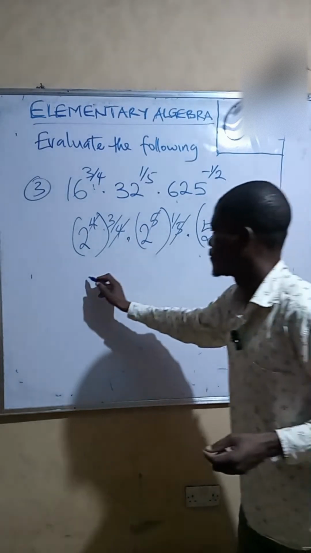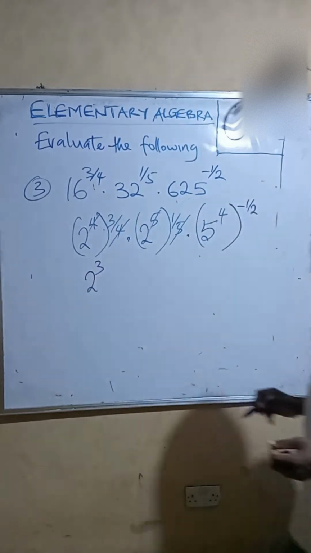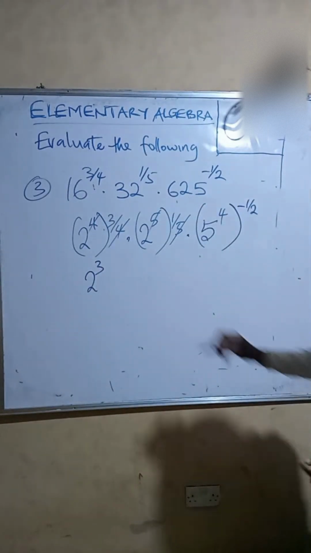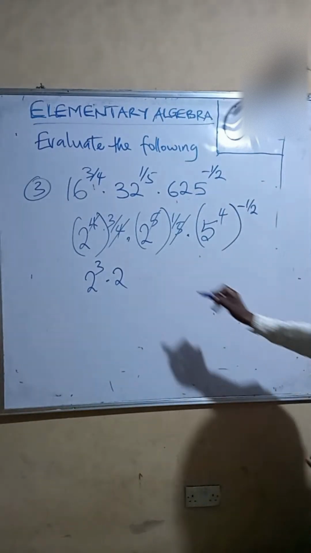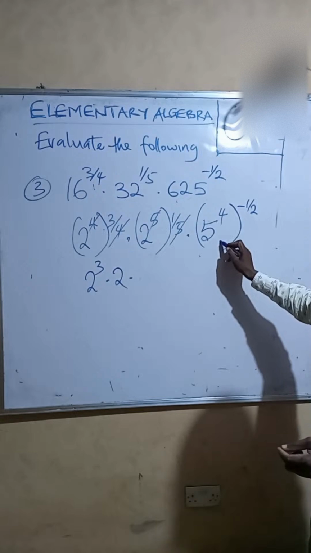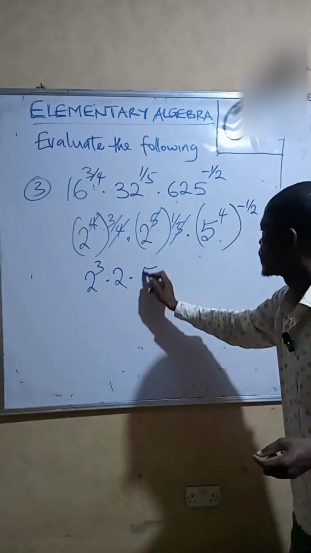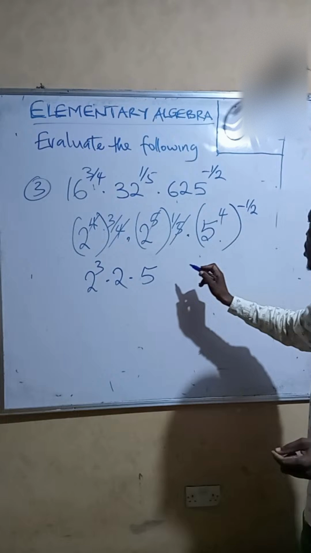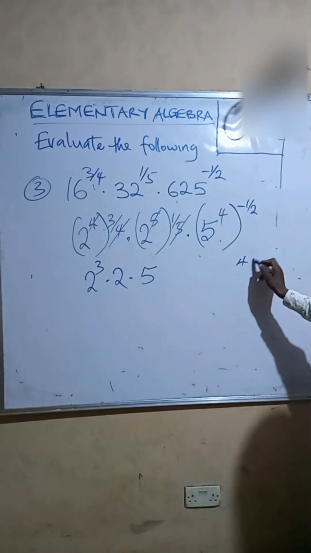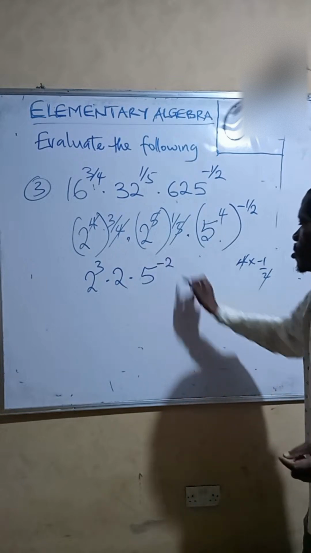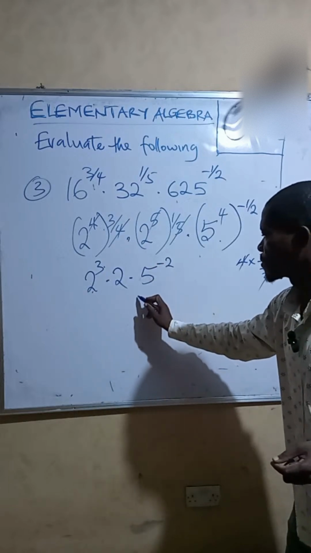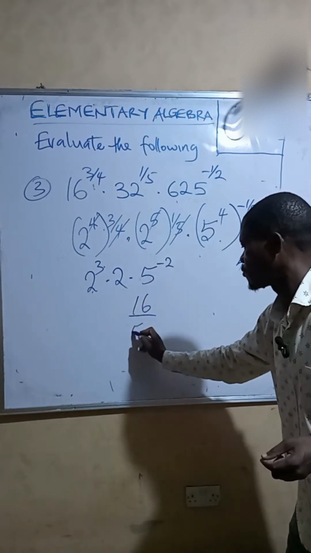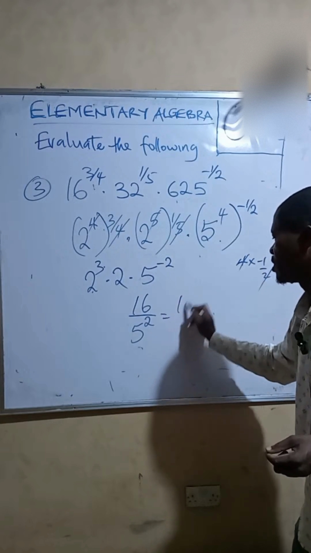So we're going to have 2 to the power 3, times 2, and then times this one, that'll be 5 to the power minus 4 times minus half. That's minus 2. So we're going to have 2 to the power 3, that's 8, times 2, that's 16 over 5 to the power 2. We got 16 over 25.